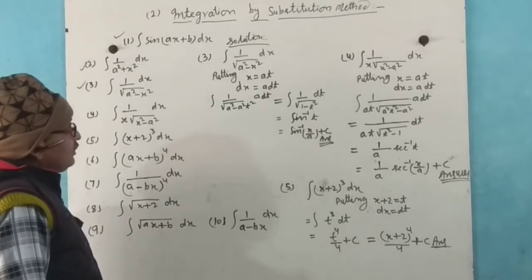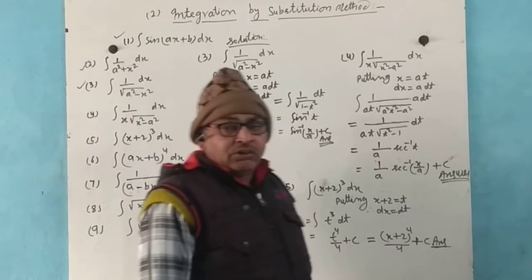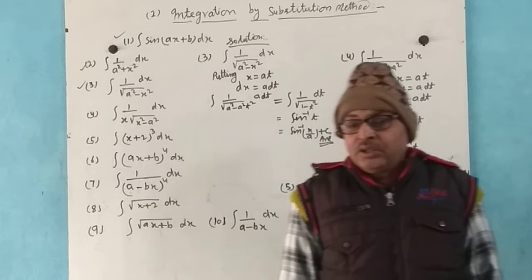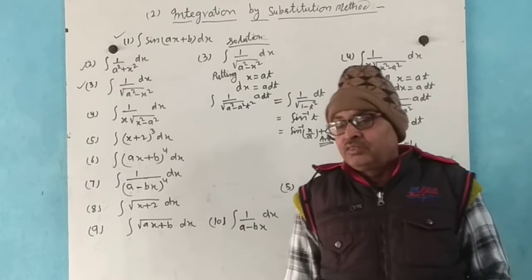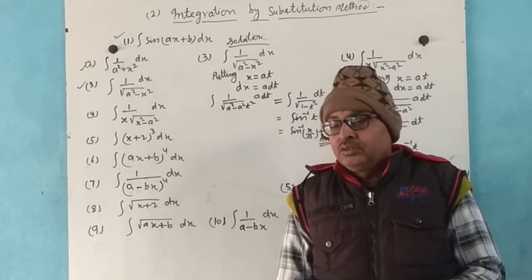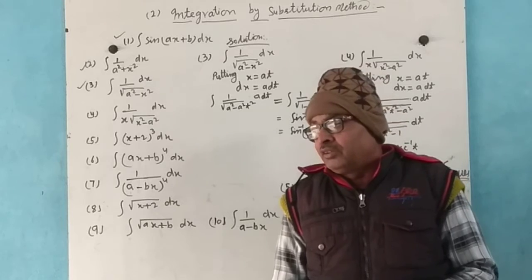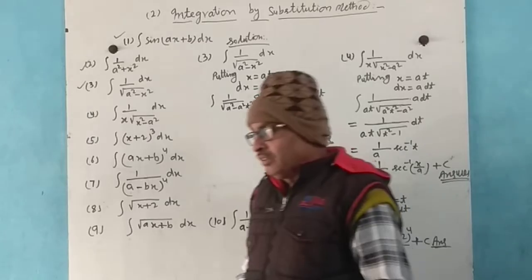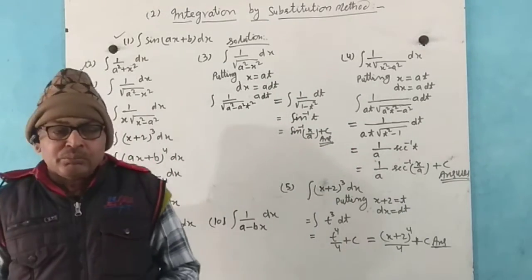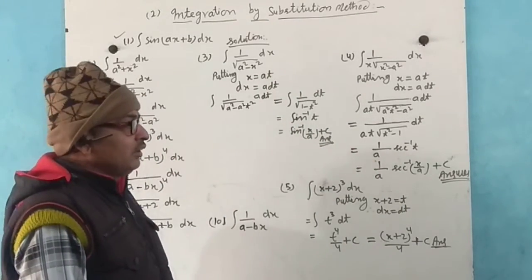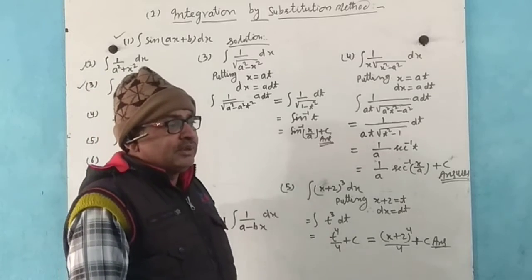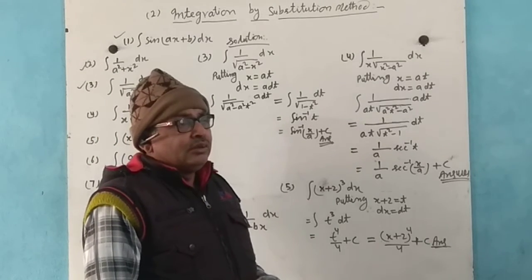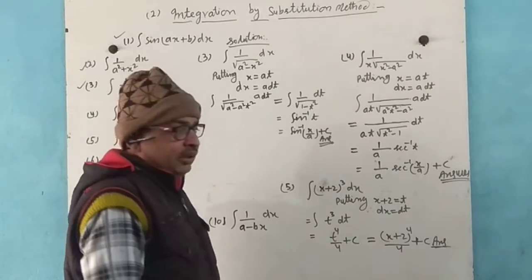As you know, the differentiation of sin inverse x is 1 by under root 1 minus x square, of cos inverse x is minus 1 by under root 1 minus x square, and of tan inverse x is 1 by 1 plus x square.